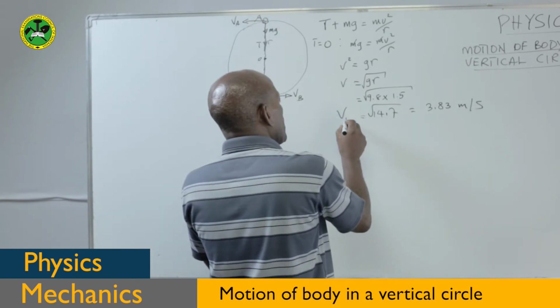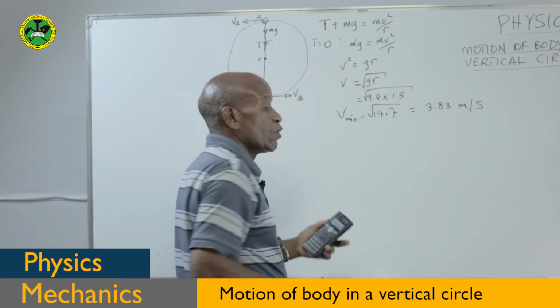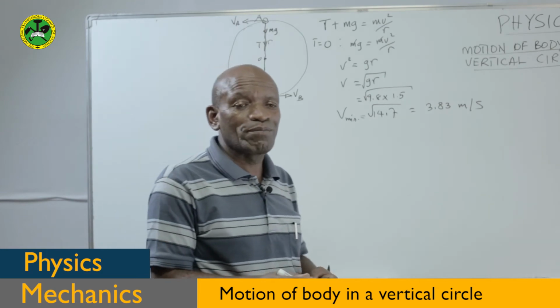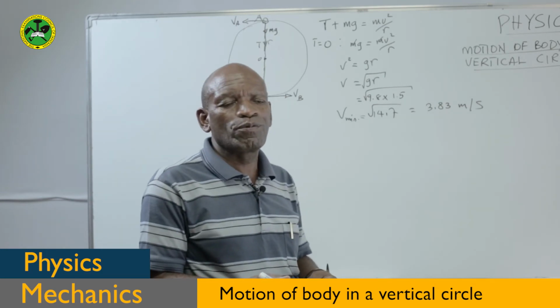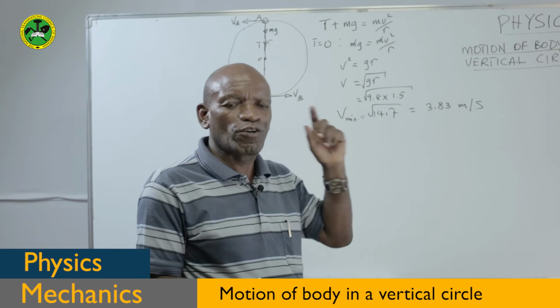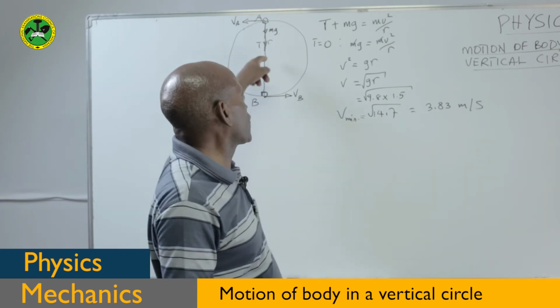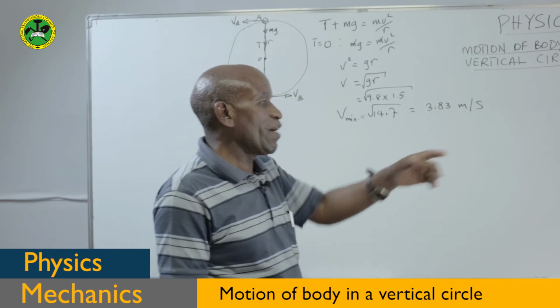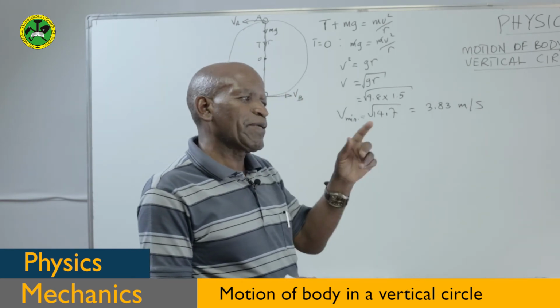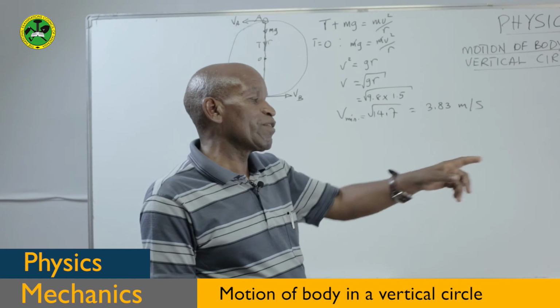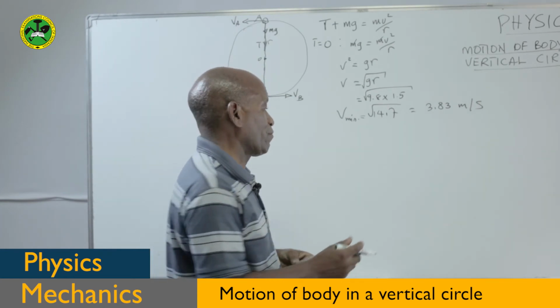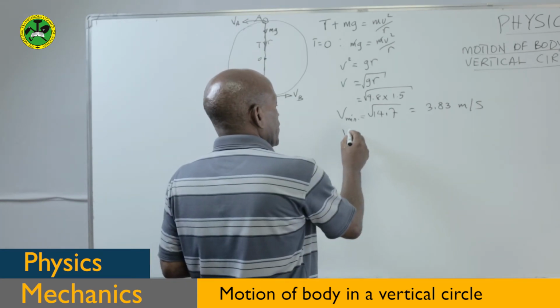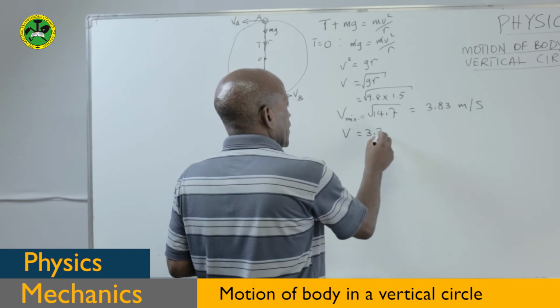So this is the minimum velocity which can make the bucket move at the top around such a circle comfortably without making the string holding the bucket slack. But here we are given that the bucket passes at the highest point with a velocity of 3.75.